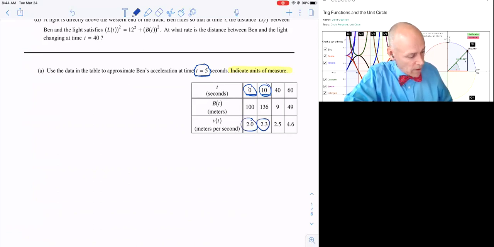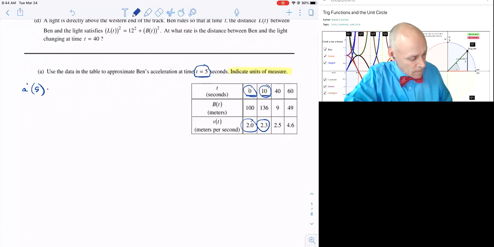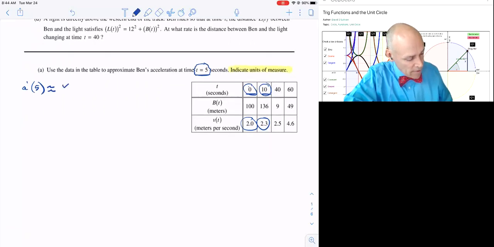So my approximation for the acceleration at time 5 is going to be v at 10 minus v at 0 over 10 minus 0.